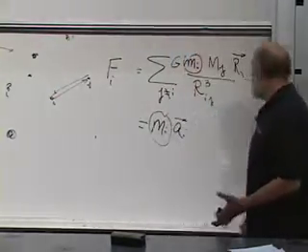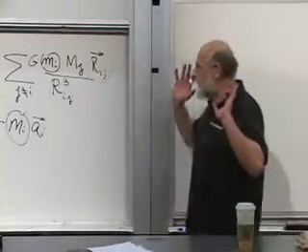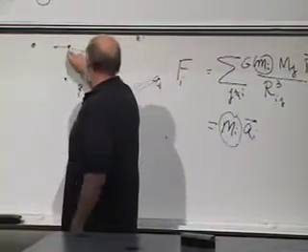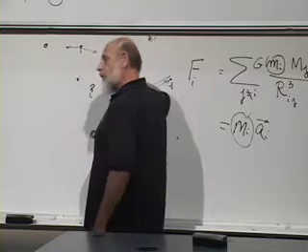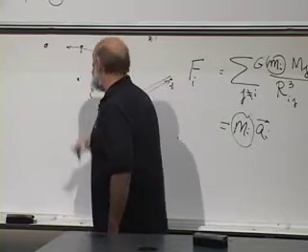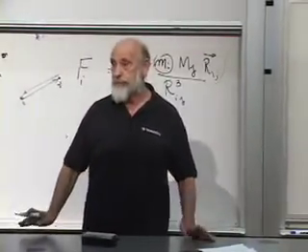As far as the minus sign goes, all it means is that every one of these particles is pulling on this particle toward it, as opposed to pushing away from it. It's just a convention which keeps track of attraction instead of repulsion.